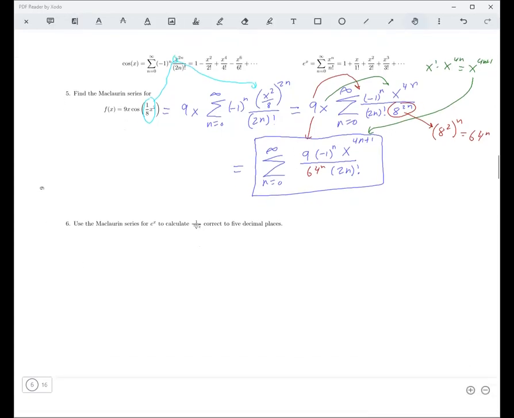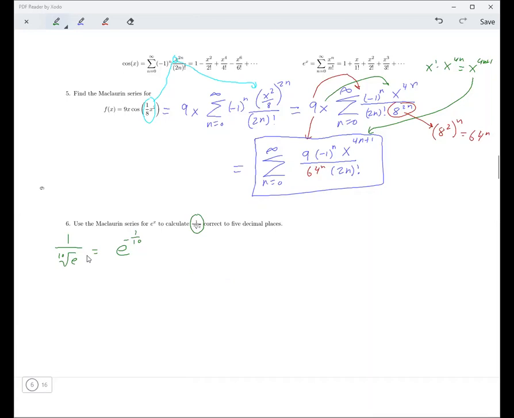And then for number 6, use the Maclaurin series for e to the x to calculate 1 over the 10th root of e to 5 decimal places. Okay, so 1 over the 10th root of e is the same as e raised to the negative 1/10.